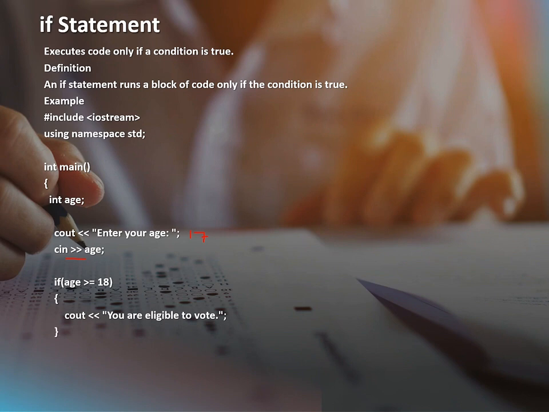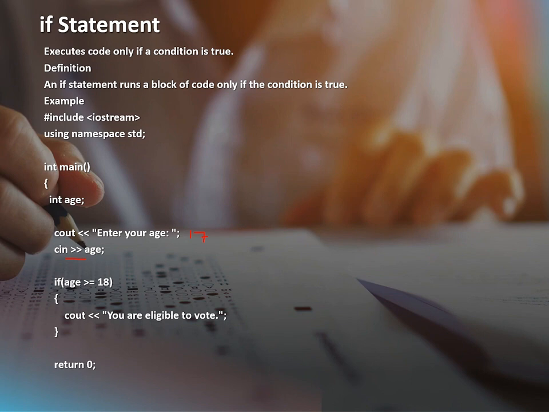While if age is less than 18, the computer will print otherwise. So if you are eligible to vote, your age must be what? Greater than or equal to 18. But if your age is not 18 or greater than 18, you will not be able to what? To vote.